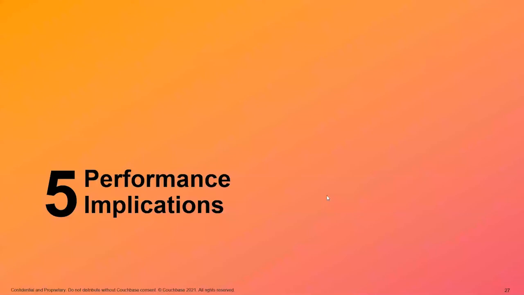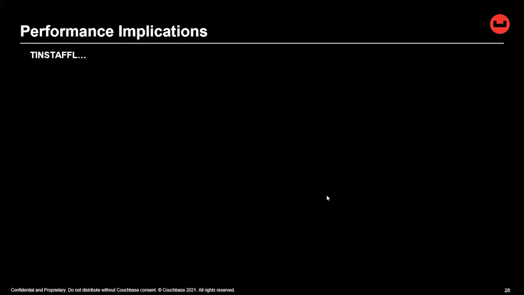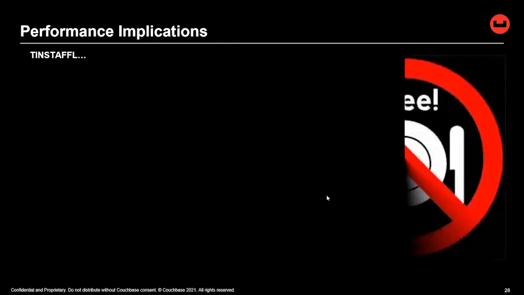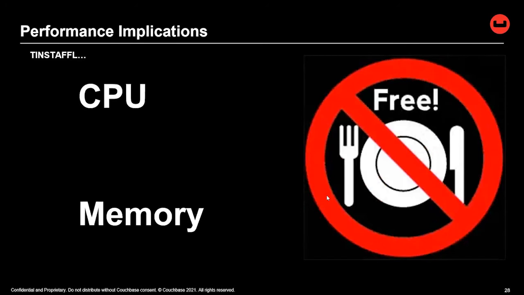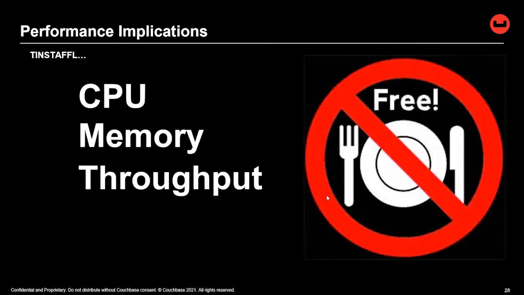So what are the performance implications of tracing? TANSTAAFL is an economics acronym that means there's no such thing as a free lunch. And this is true also for tracing, right? When you enable tracing, things are going to happen to CPU, to memory, to throughput.